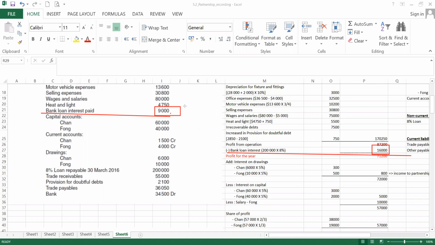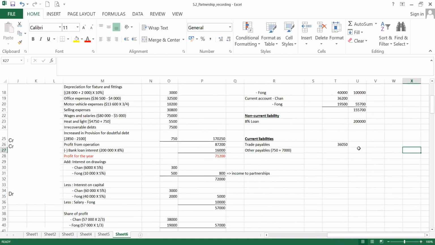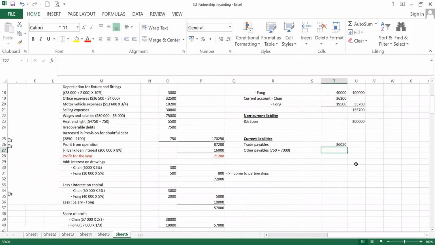The difference of 7,000 is considered other payable, which is the loan interest accrued. So we have to add 7,000 to get the total other payable amount. So this one is 7,750. Okay, add the two amounts.